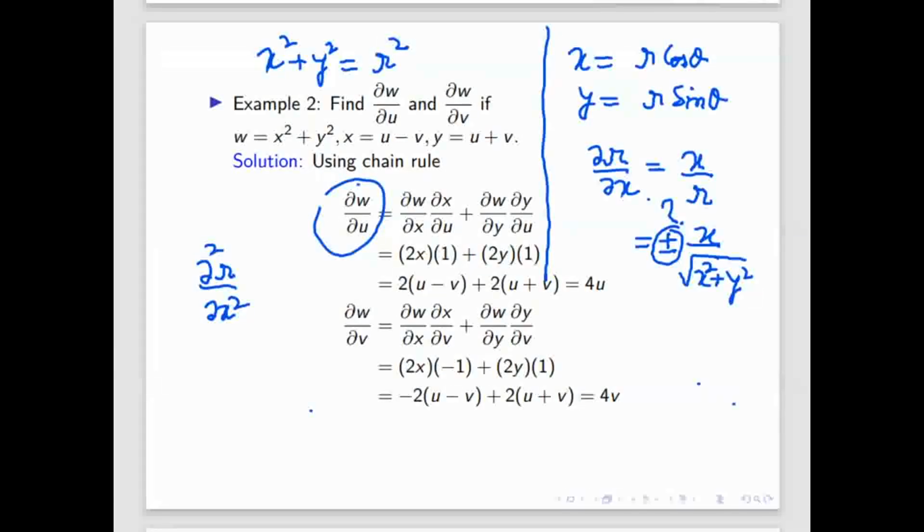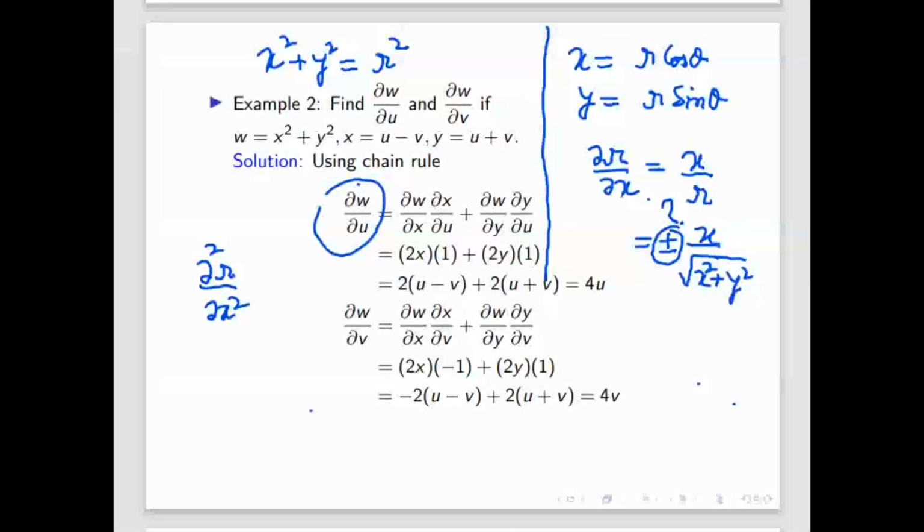So r is a function of how many variables? Two variables, x and y. R is a function of two variables, that is x and y. So we can find del r by del x and del r by del y if we want to find, because it is a function of two variables.